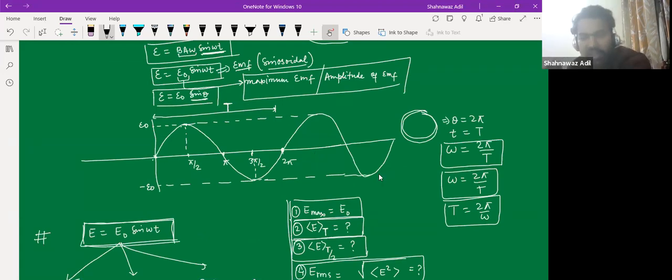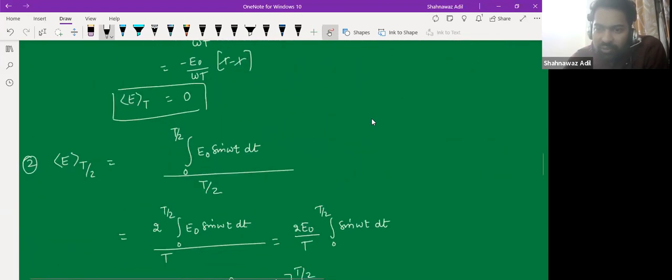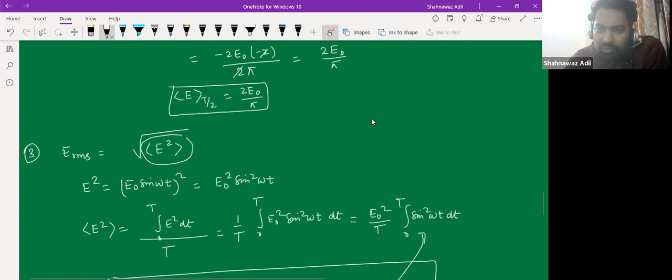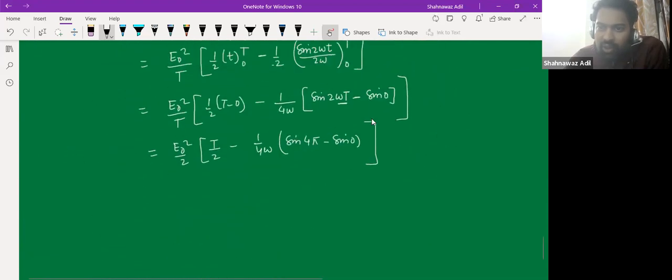What are you saying, Aisha? Is it 0? 0, right? Yes. So 2 pi in the other cycle we will reach 4 pi, right? So this would be 0 again, right? Yes, absolutely correct. So this is 0.